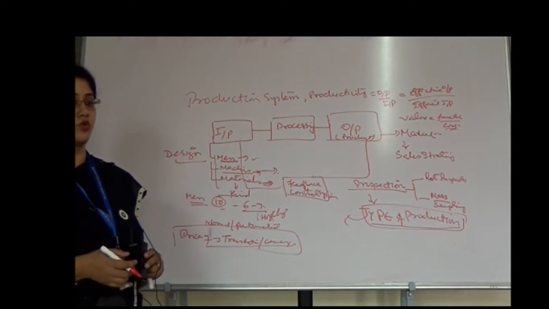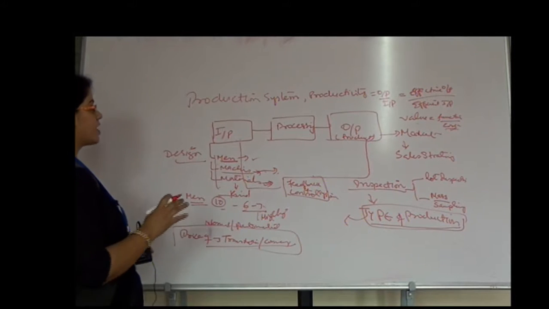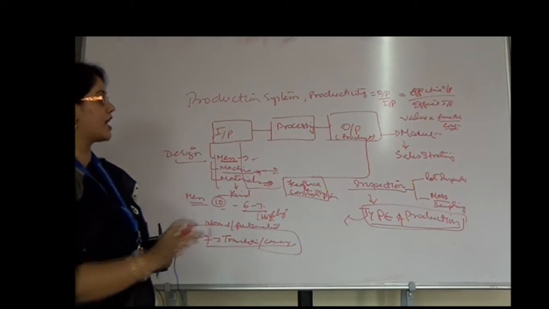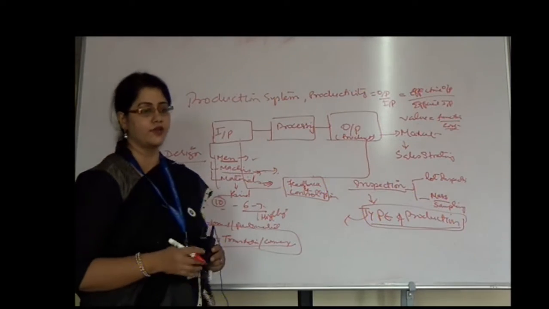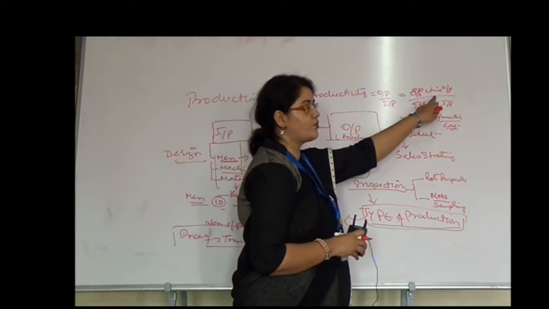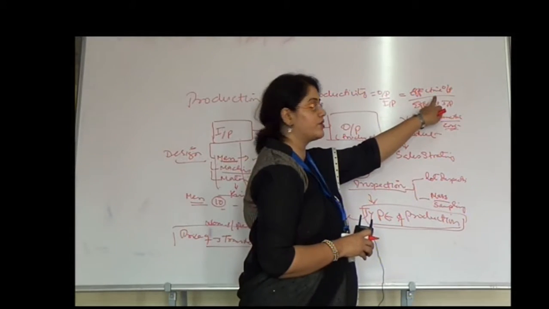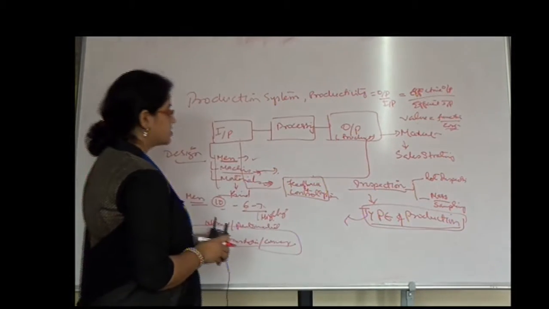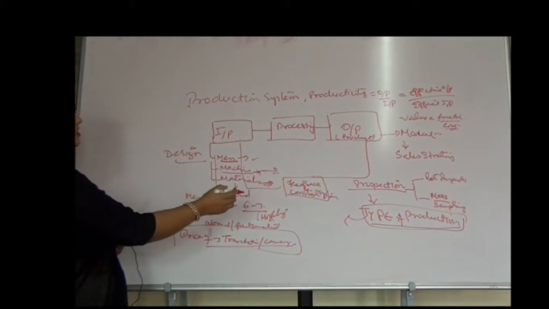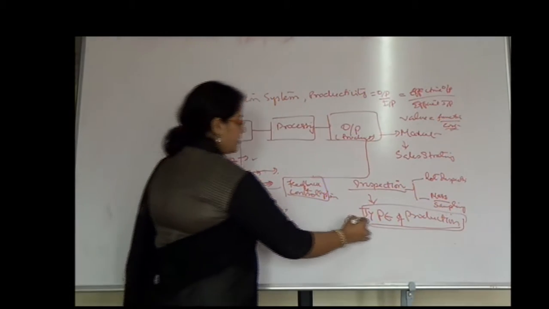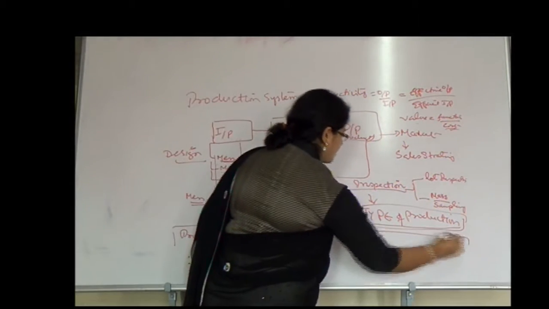The answer is no. However many products we are producing does not say that your productivity is increasing, because increase in productivity is effective output, how effectively you are utilizing your output by minimizing your input. So that we decide based on the types of production. Broadly, I will classify the types of production.